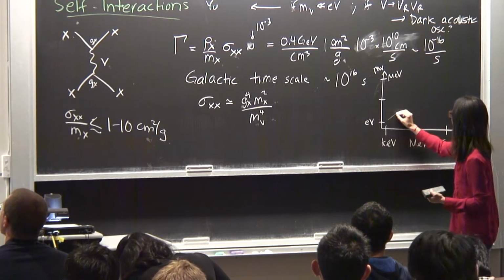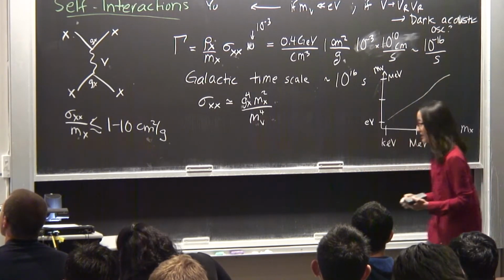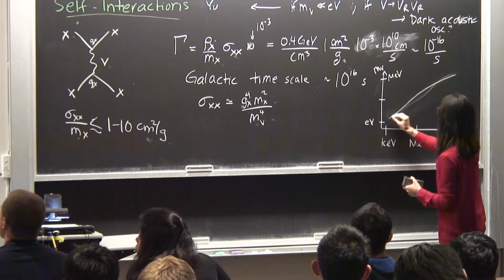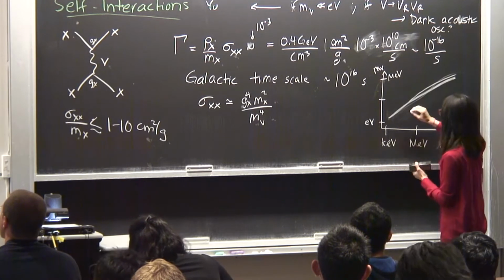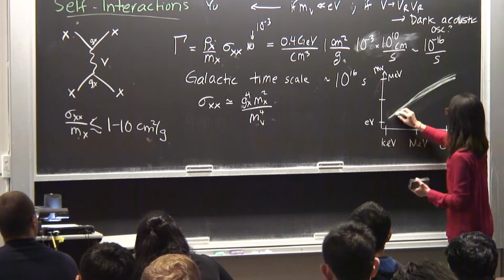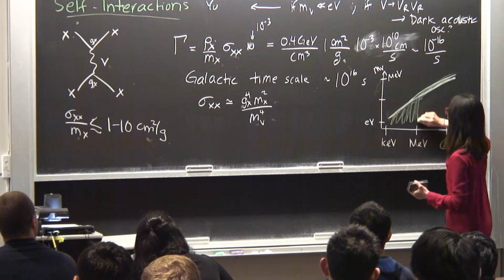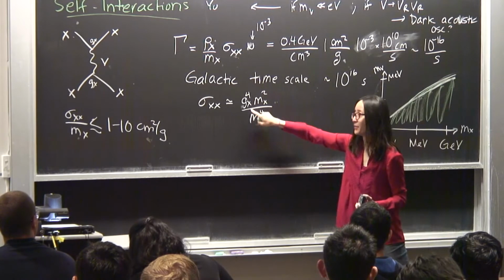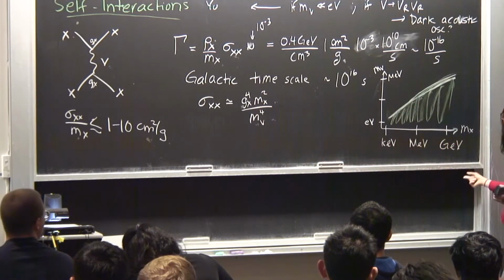And that bound looks roughly something like this. So everything below this line is excluded by self-interaction, assuming that I get the relic abundance through this annihilation to the mediator with the same coupling.